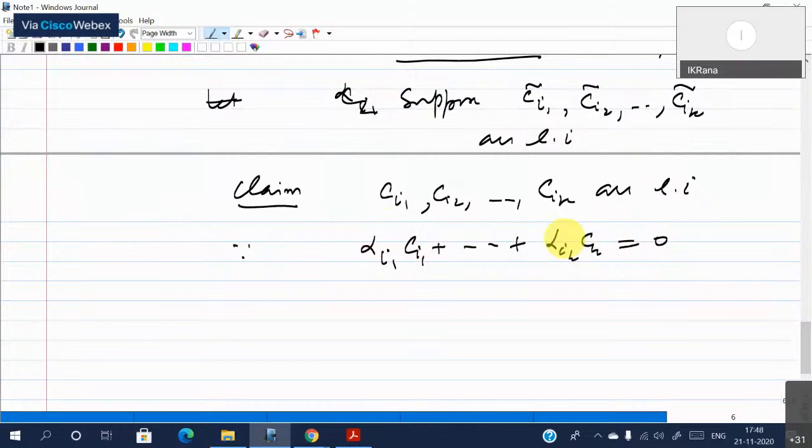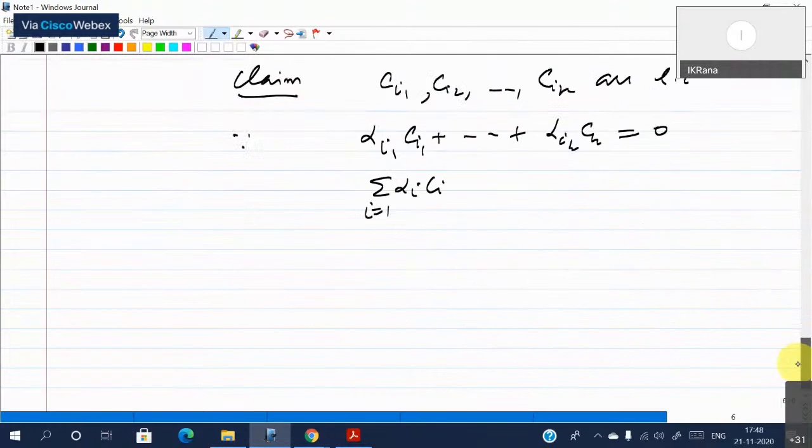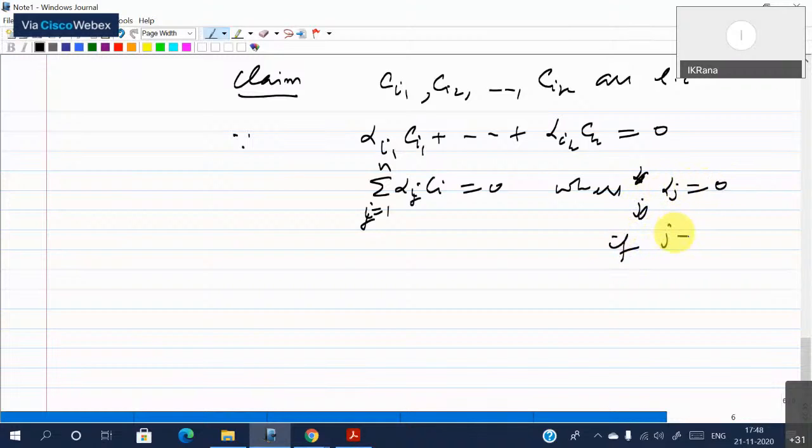Let us add everything. So I can write sigma alpha I Ci, I equal to 1 to N, since there are N columns in A, equal to 0, where alpha J is equal to 0 if J is not one of the Ik.